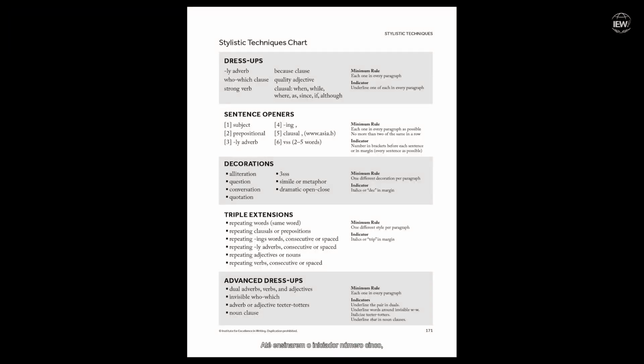Now, this is going to be similar to the ly opener where we refine the idea of the dress-up. Until you teach the number 5 opener, this clausal dress-up can go anywhere. When you teach the number 5 opener, now we make a rule about the clausal dress-up that this cannot be the first word.